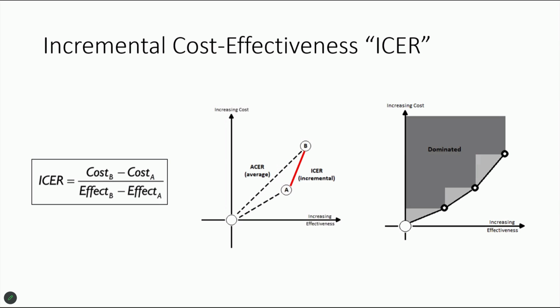As illustrated, looking at the slope of intervention B to A versus B to the origin, an average cost effectiveness ratio would overestimate cost effectiveness in this kind of case. And the figure on the right highlights how any intervention falling in this gray shaded area to the left of the cost effectiveness front is said to be dominated by the others.